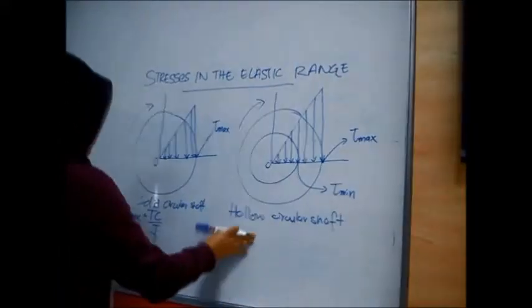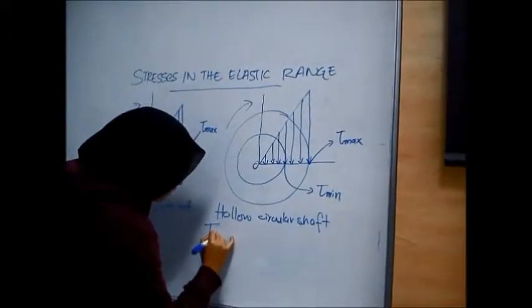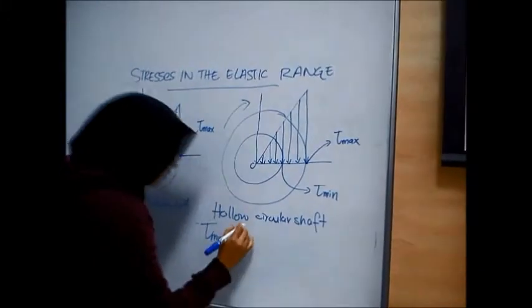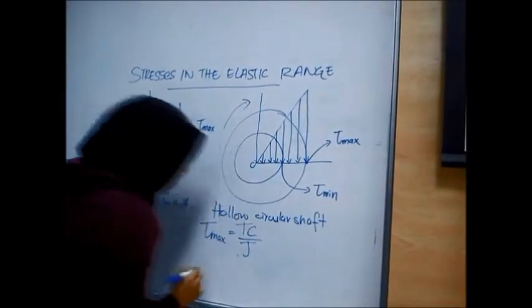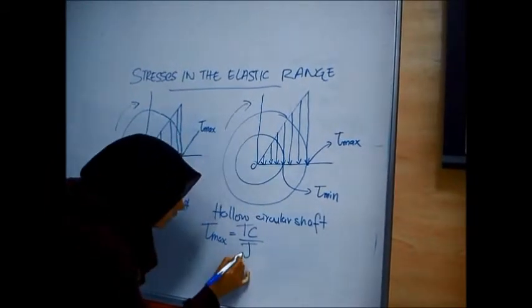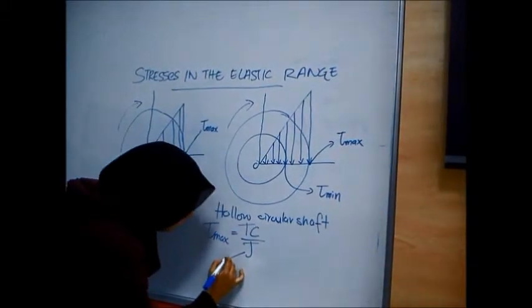So for a hollow shaft, you know that the shear stress is also Tc over J. So we use the moment of inertia.